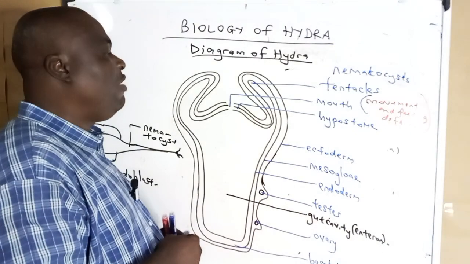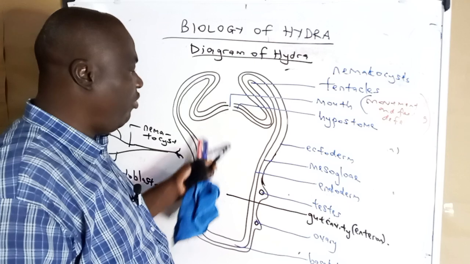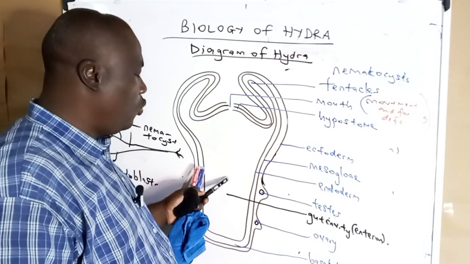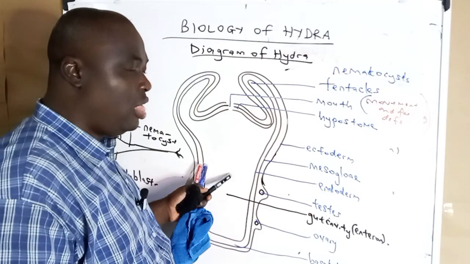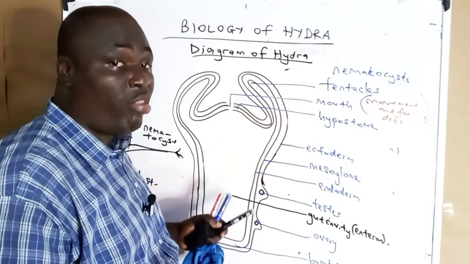Then this Hydra is an organism that has a gut with a single opening. Food passes through the mouth, through the gut cavity. Digestion in Hydra is partially extracellular and intracellular.